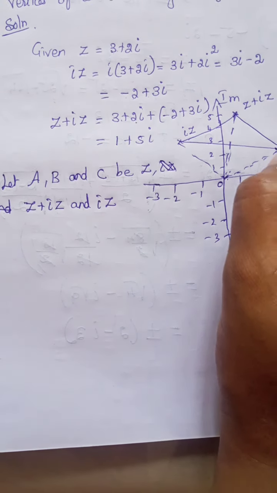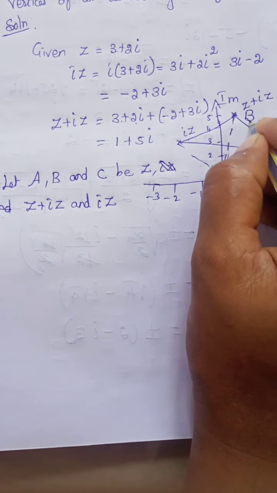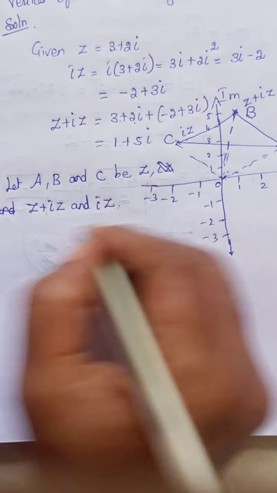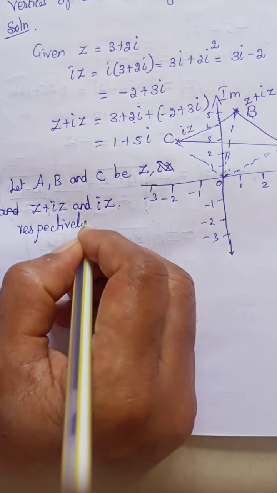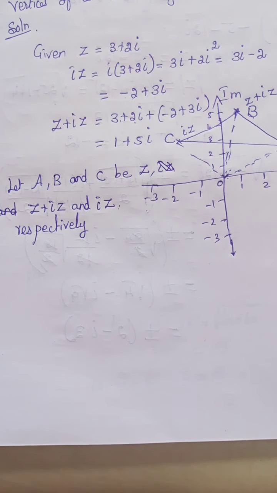So this is A, B and C. We have taken the points as A, B, C.